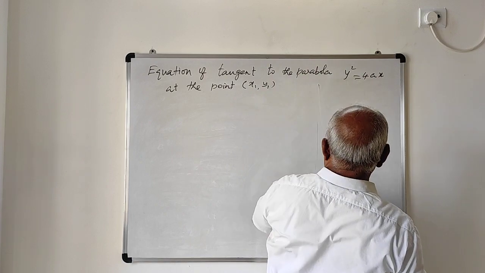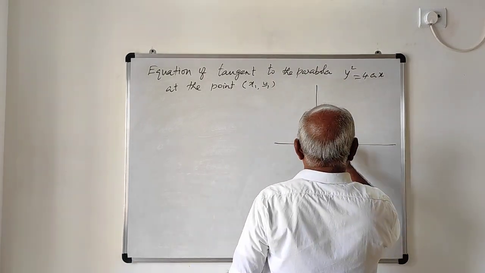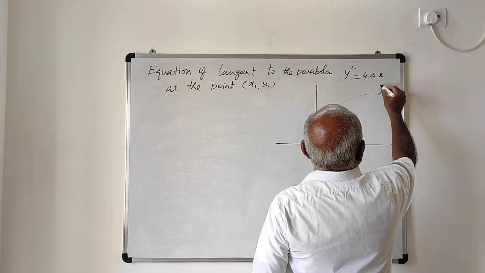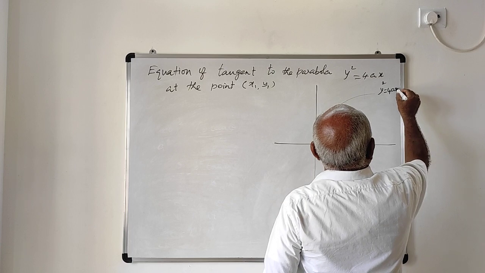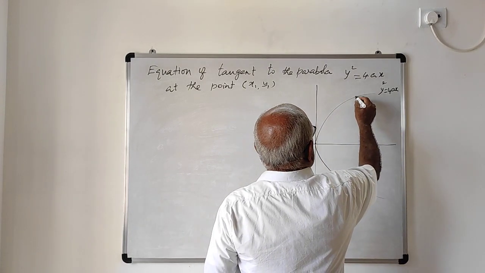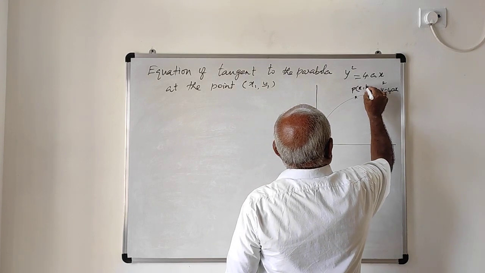For that, you take this diagram. This is the parabola y square equal to 4ax. In this parabola, I can take a point P, x1, y1.